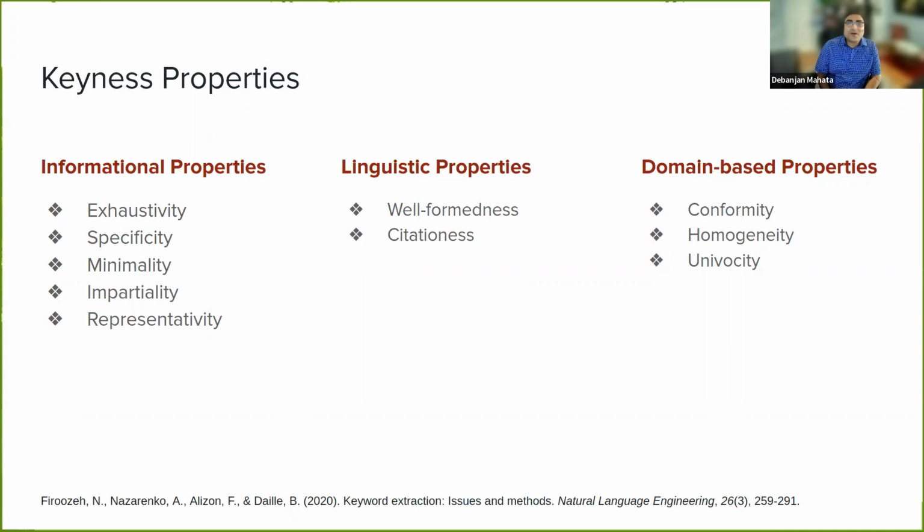But these are some of the properties you can look into. I would like to specifically mention the properties of exhaustivity and specificity, which cover most of the work that I see. When it comes to exhaustivity, what we want to do is, given an input text, extract all the phrases which represent all the major topics covered in that text.